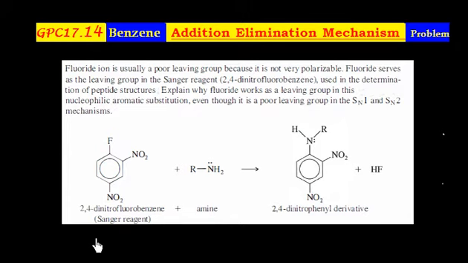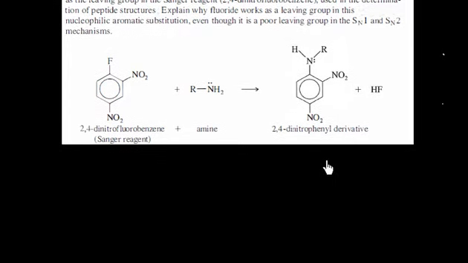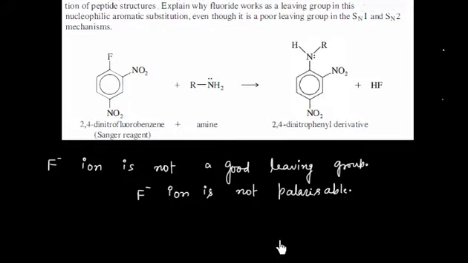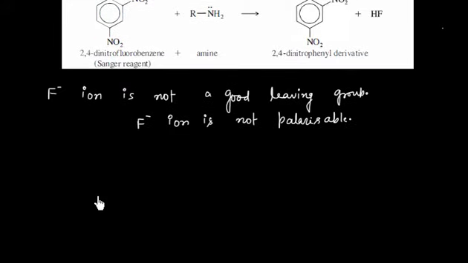Question says fluoride ion is not a good leaving group, so F minus ion is not a good leaving group, because F minus ion is not polarizable. And that's why SN1 and SN2 reactions do not take place if fluoride ion is a leaving group.